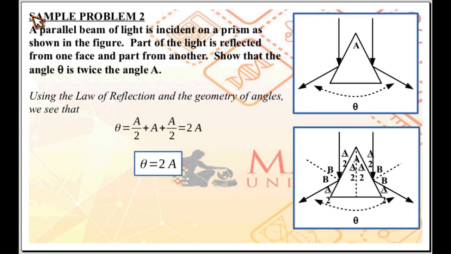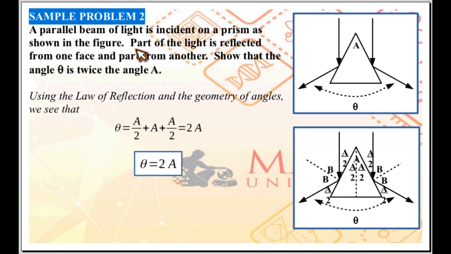Next, we have sample problem number 2. A parallel beam of light is incident on a prism as shown in the figure. You have a prism of angle A on this corner. You have two parallel beams of light incident on the prism. One is incident on this side of the prism, and the other beam is incident on this side.